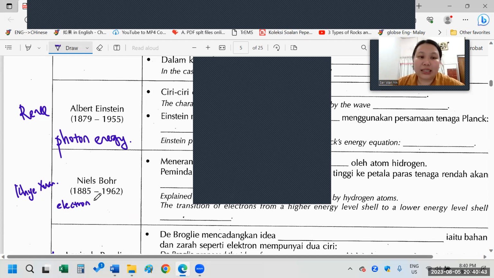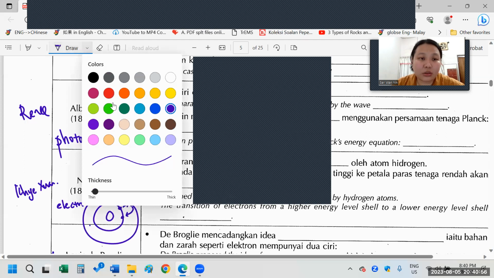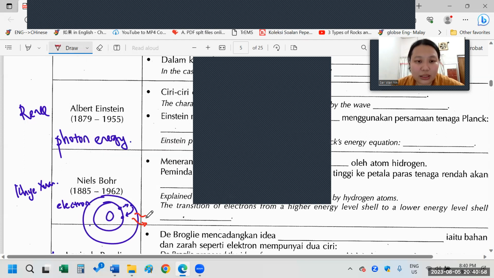But here, he said when electron moves up and then jumps down, it will release energy. This energy we call photon. When it transitions from higher energy shell to lower energy shell, it will emit, means release photon.